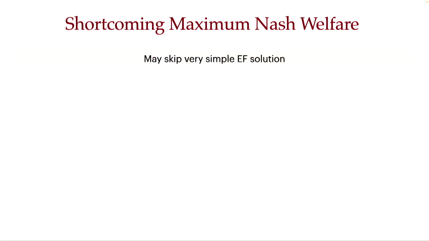Right, okay. So EF1 and PO we saw that it exists, right, because every Nash welfare question is an optimization question. There is nothing about existence there, right. There is an allocation, for every allocation I can find Nash welfare, out of that I want to output the one that maximizes my Nash welfare, right.